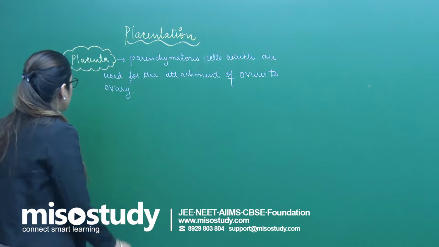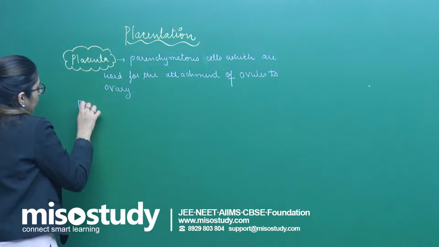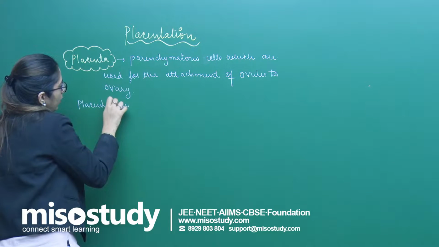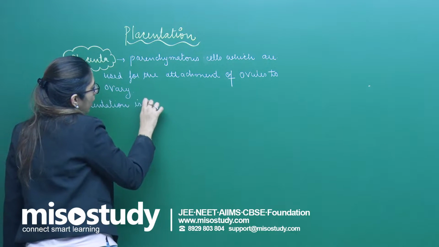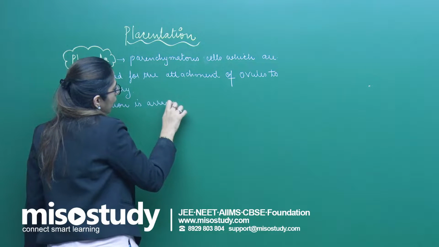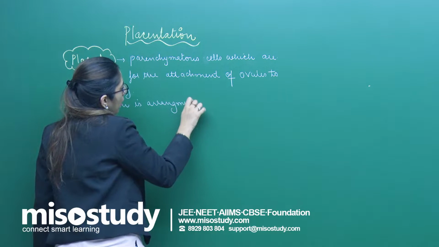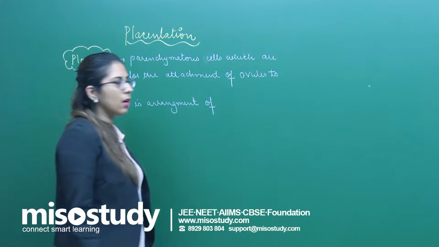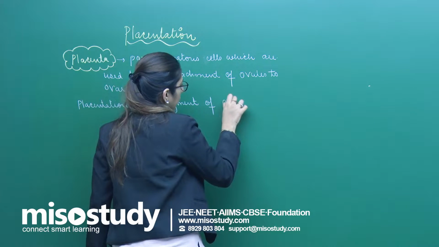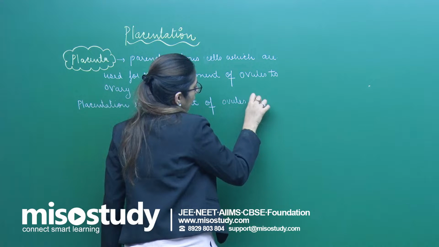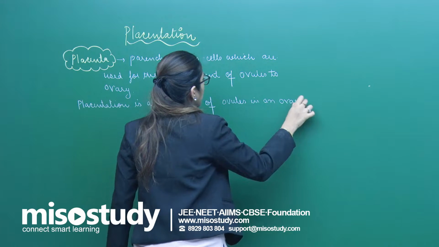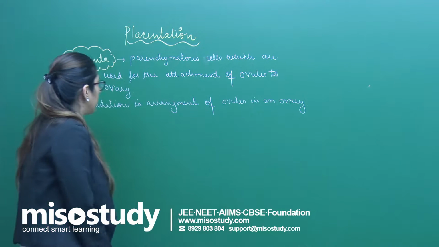Now, this is the definition of a placenta, but we have to know about the placentation. Now, what is placentation? Placentation is the arrangement of ovules in an ovary. This is termed as placentation.